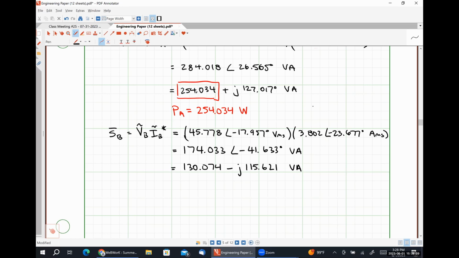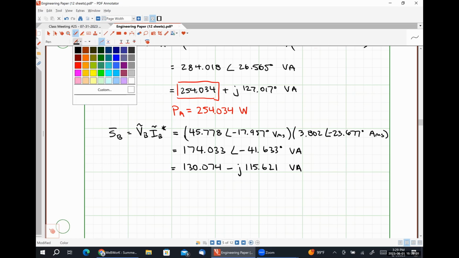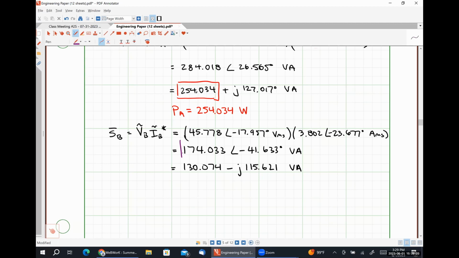Absolutely correct. Apparent power is the magnitude of the complex power. So it is the bit before the angle in the polar form representation. 100% correct. So our apparent power, which would have a symbol of the magnitude of SB, would be 174.033, and the units are volt amperes because we're dealing with apparent power.